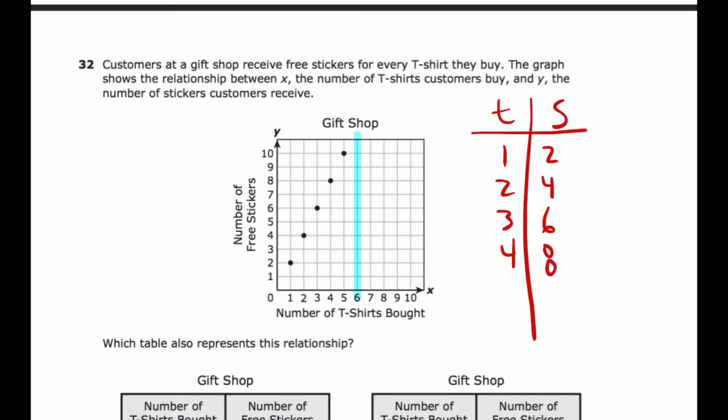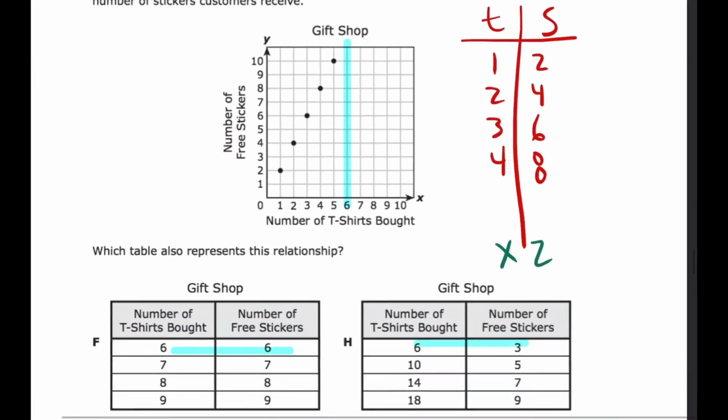Do I notice a pattern? How do I get from 1 to 2, from 2 to 4, 3 to 6, 4 to 8? Looking for my rule, it looks like I'm multiplying by 2. 1 times 2 is 2, 2 times 2 is 4, 3 times 2 is 6. So I'm looking for a rule of times 2.